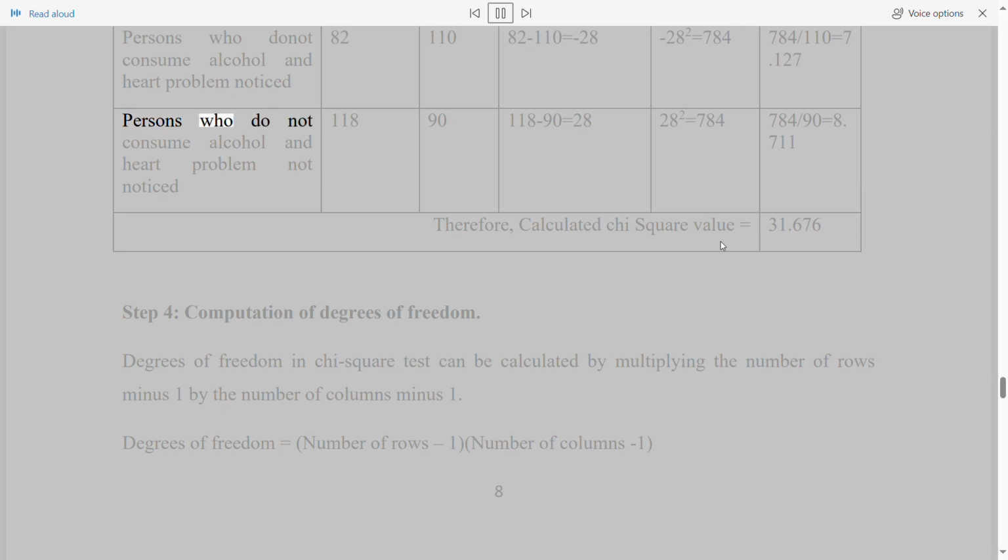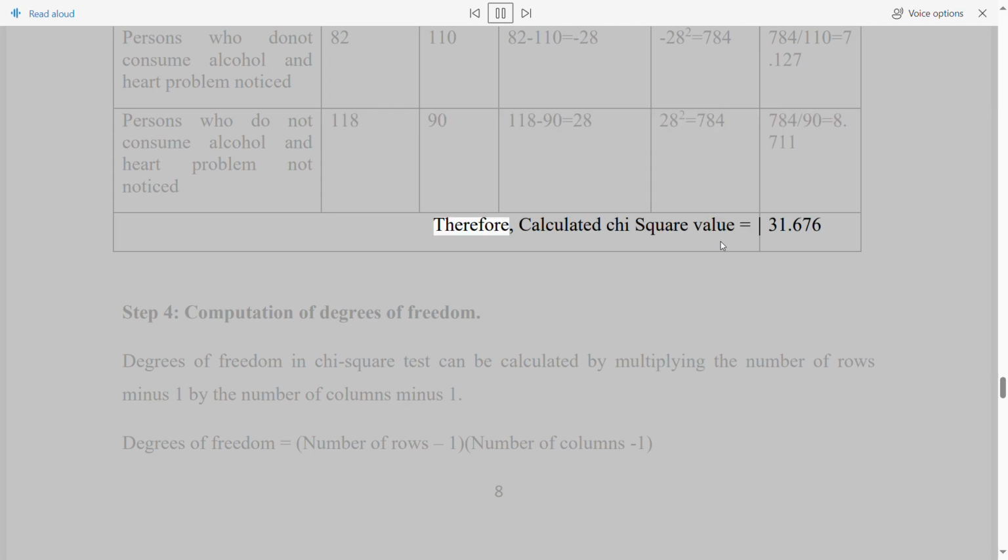Persons who do not consume alcohol and heart problem not noticed. 118 minus 90 equals 28. 28 squared is equal to 784. 784 divided by 90 equals 8.711.